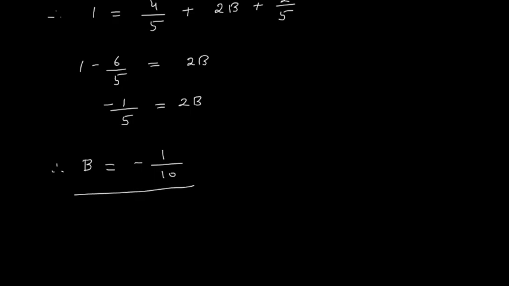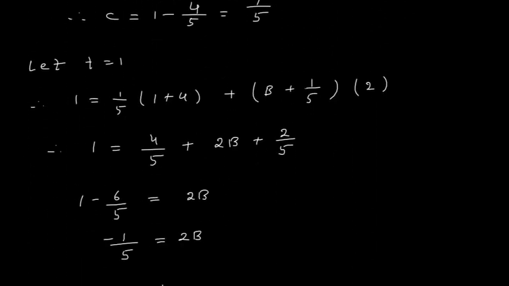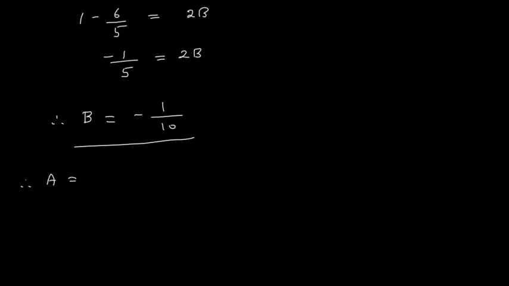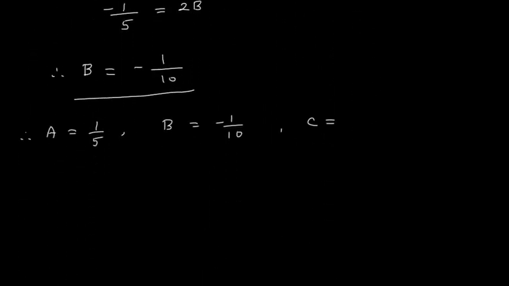So you have the value of a, which is 1 upon 5, the value of b, which is minus 1 upon 10, and the value of c, which is also 1 upon 5.